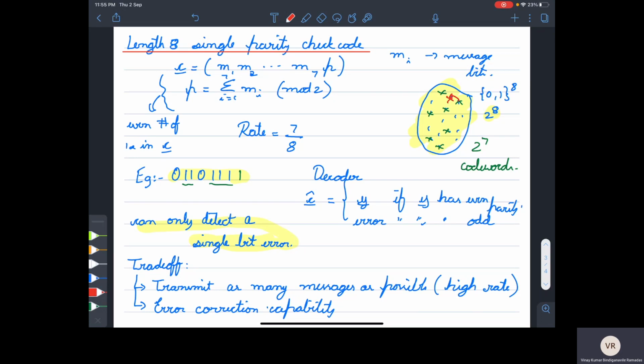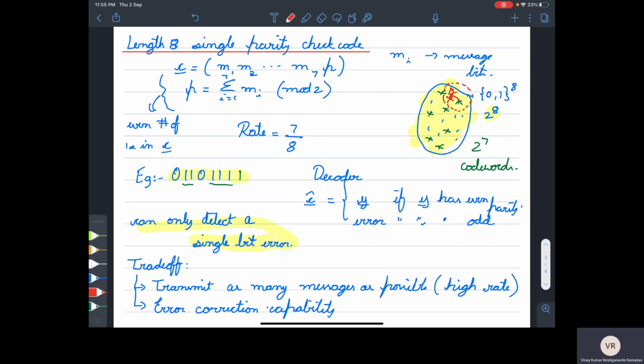Now, in order to have good error correction capabilities, if this transformed received word y is sufficiently far from other code words, then you can correct the error by using a suitable decoding algorithm.